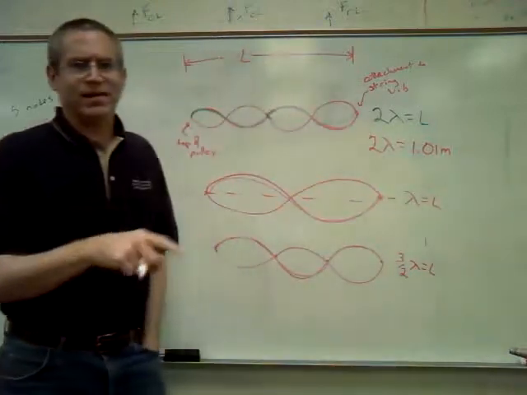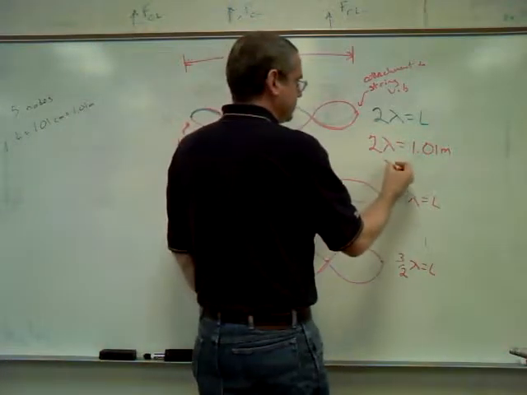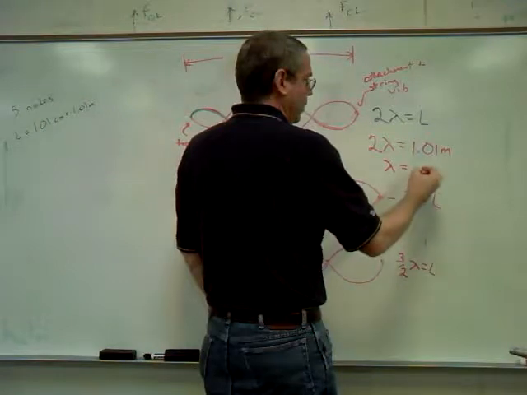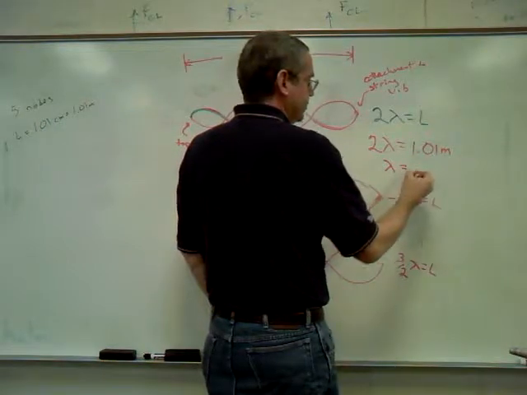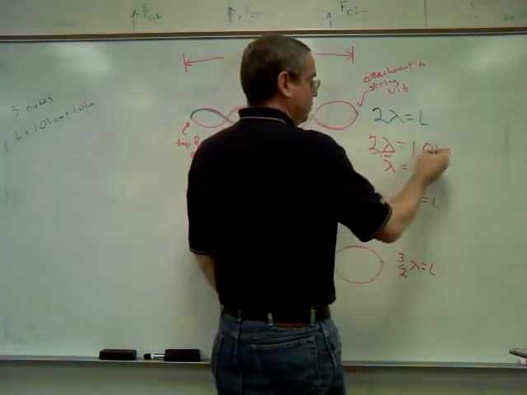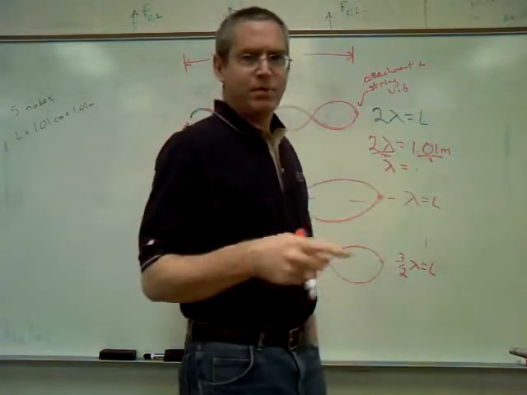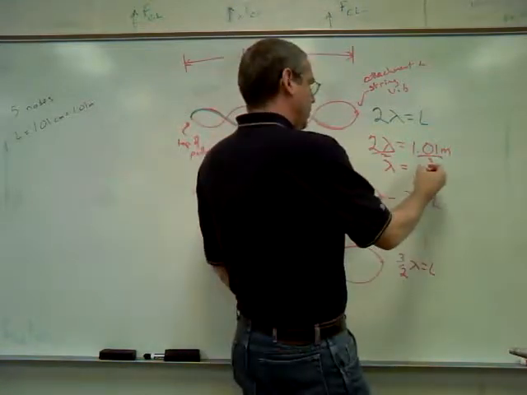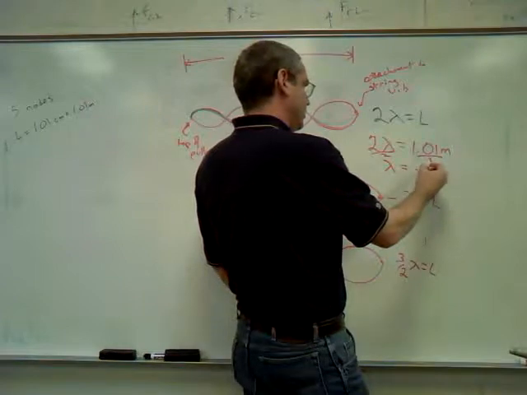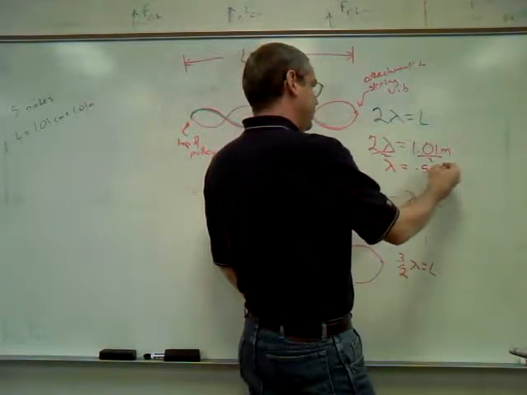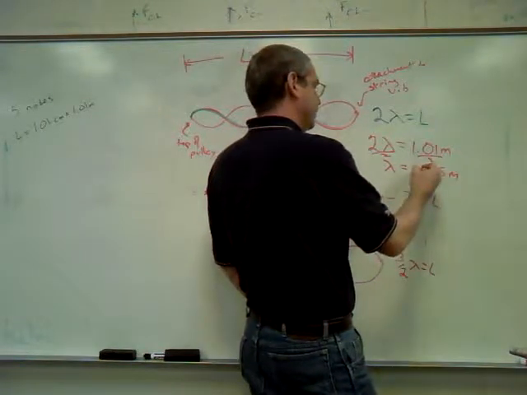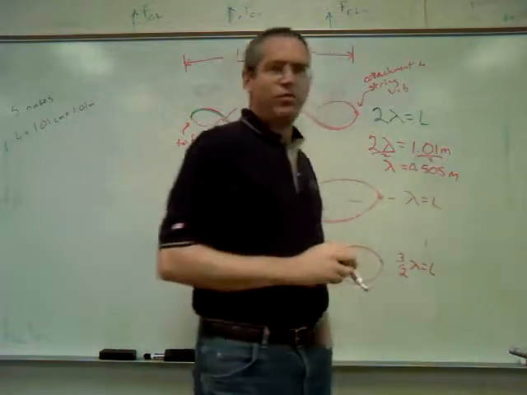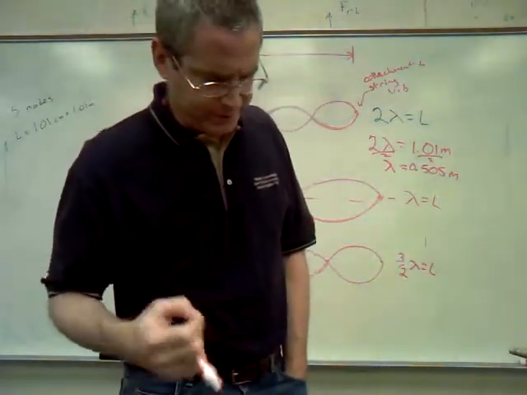And so the wavelength was, well, just divide by 2, divide by 2. The wavelength of that particular wave was, to do some fancy math here, 0.505 meters, just a little bit more than a half a meter.